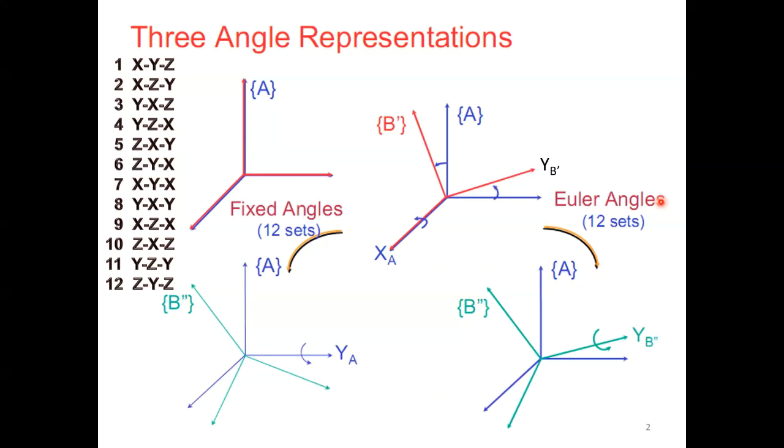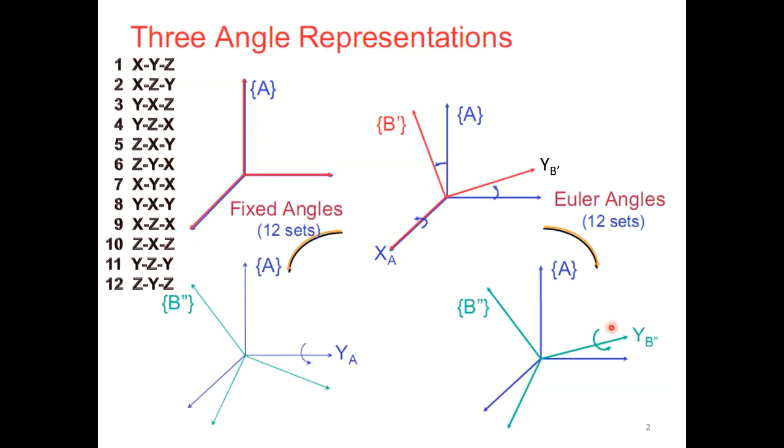Roll, pitch, yaw. This roll, pitch, yaw comes from the naval domain, the ships, and then the aerospace field. Rolling, pitching, and yawing moment. So we use it in robotics as well. That is one thing I want to tell you.